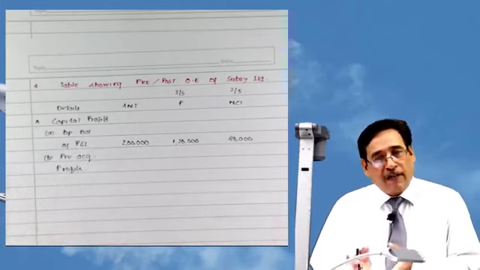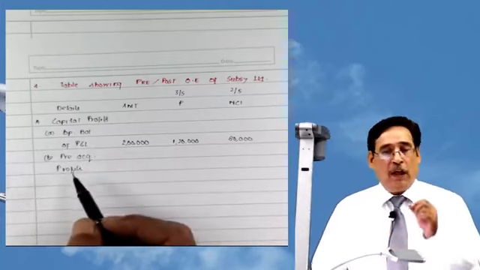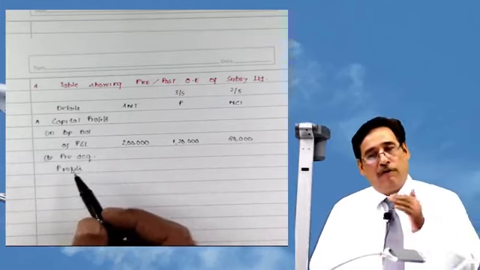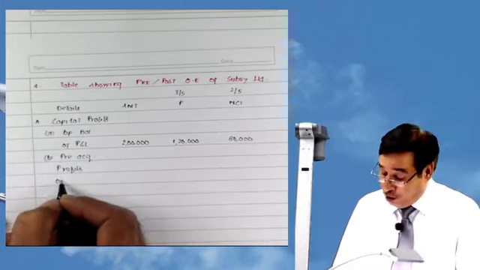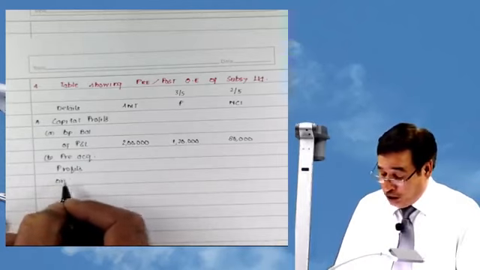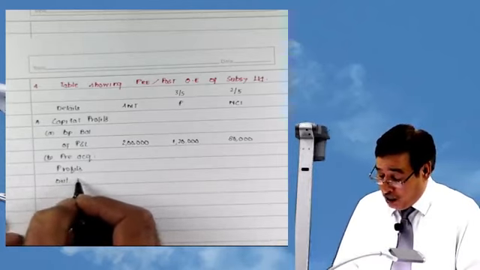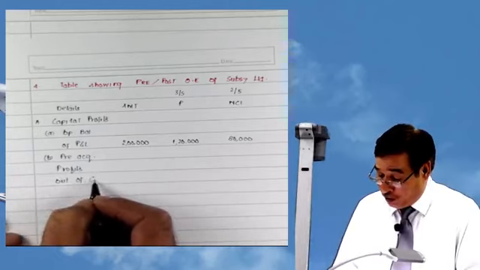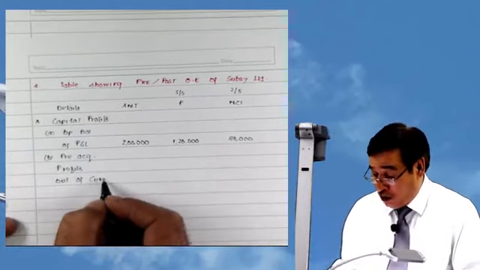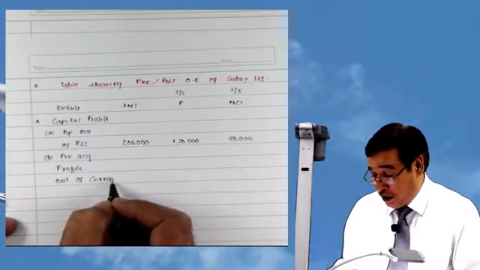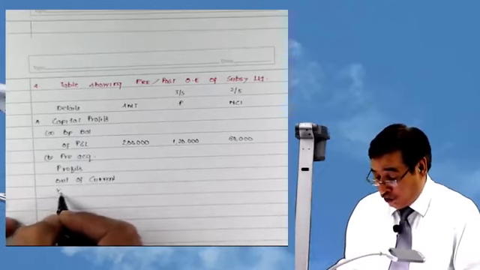Pre-acquisition profit, when I say, it would mean pre-acquisition profit out of current year's profit. Well, I am going to write, but I am going to write only once. From next time, you need to keep track of it. Out of current year's profit.